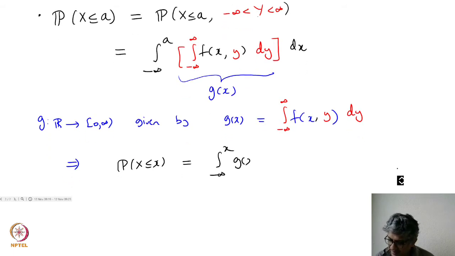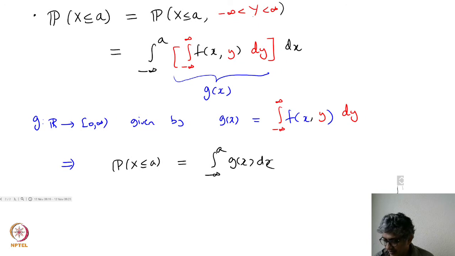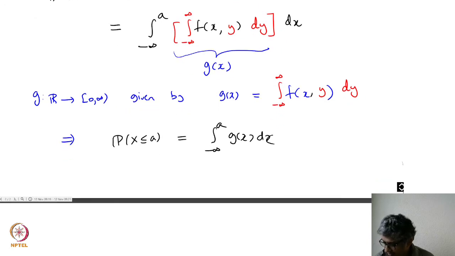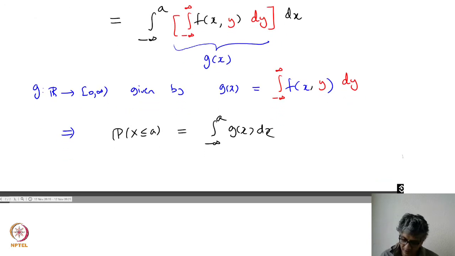And then I come here and I say, okay, fine. So the chance that X is less than or equal to a is the integral up to a of g(x) dx. Now, if you look at it from one variable review, you immediately see that this is given by the integral.